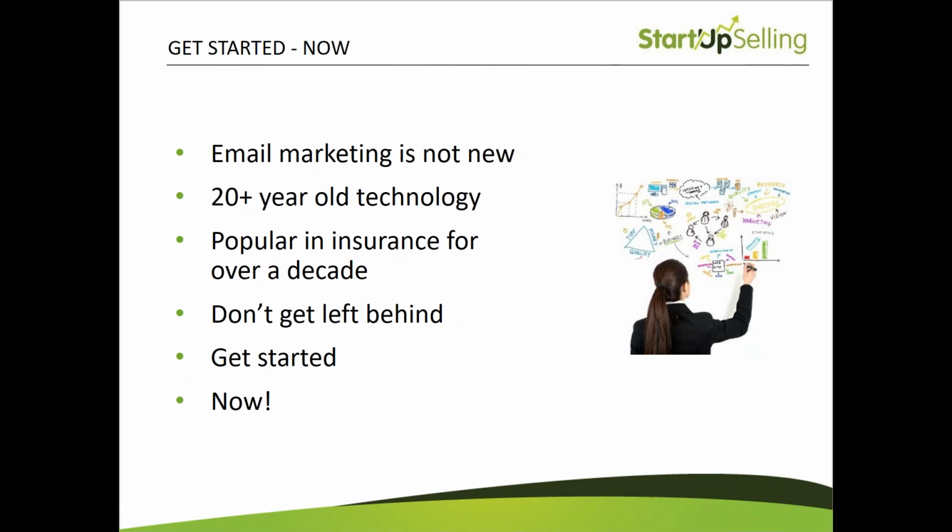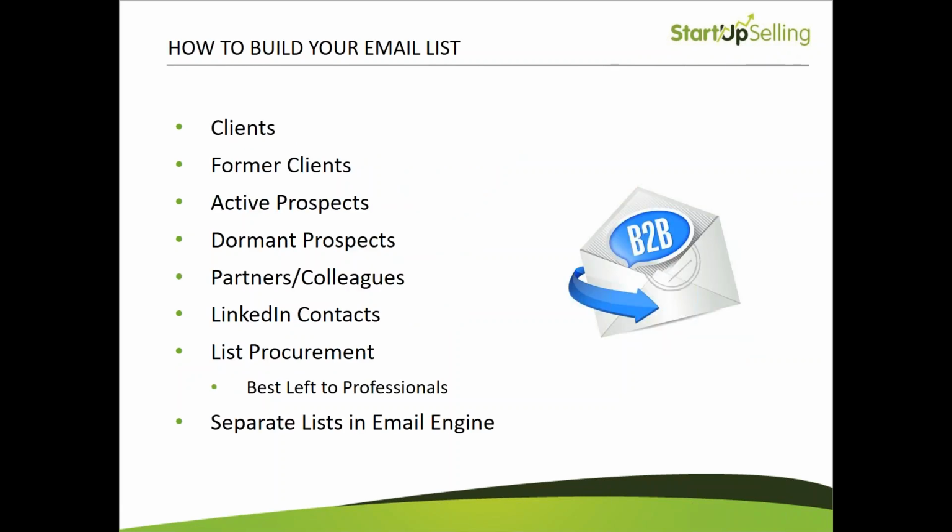How you get started is by building an email list. You're going to eventually have many different lists or many different segments to your email library, the first of which should be your clients. You have a system with hundreds, thousands, maybe tens of thousands of clients, and every single client file should have a minimum of one email, maybe multiple emails associated with them.